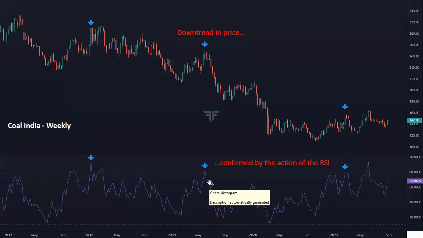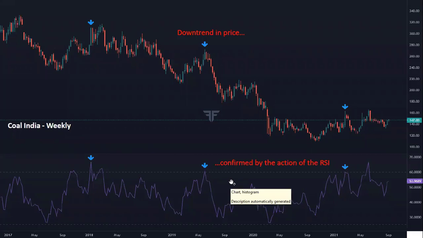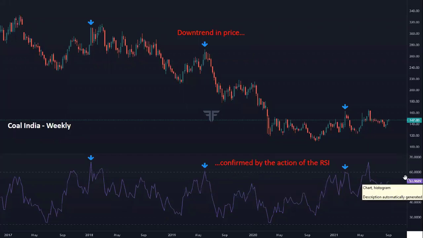So this is the weekly time frame chart of Coal India. As you can see, Coal India has been in a downtrend from the leftmost region in the chart. If you look at the RSI, notice that I've moved the horizontal dashed lines downwards. That is, I've shifted the upper horizontal dashed line downwards from 70 to 60, and I've moved the lower horizontal line downwards from 30 to 25.